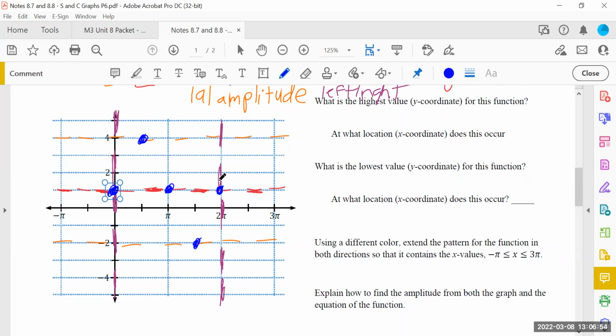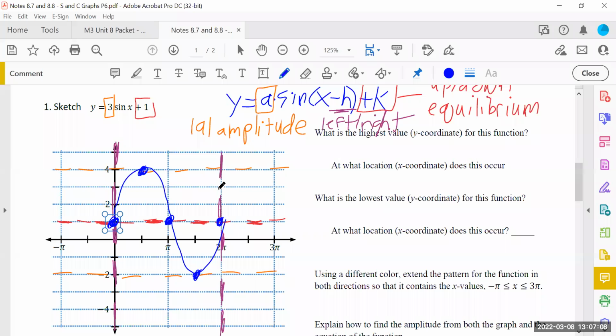Do not make a Z, do not make straight lines here. Make it a curve as best you can. There's our graph of sine. Now, specifically, there's our graph of 3 times the sine of x plus 1. So again, the amplitude stretched out, and then we move the whole thing up 1. Does that make sense to everybody?